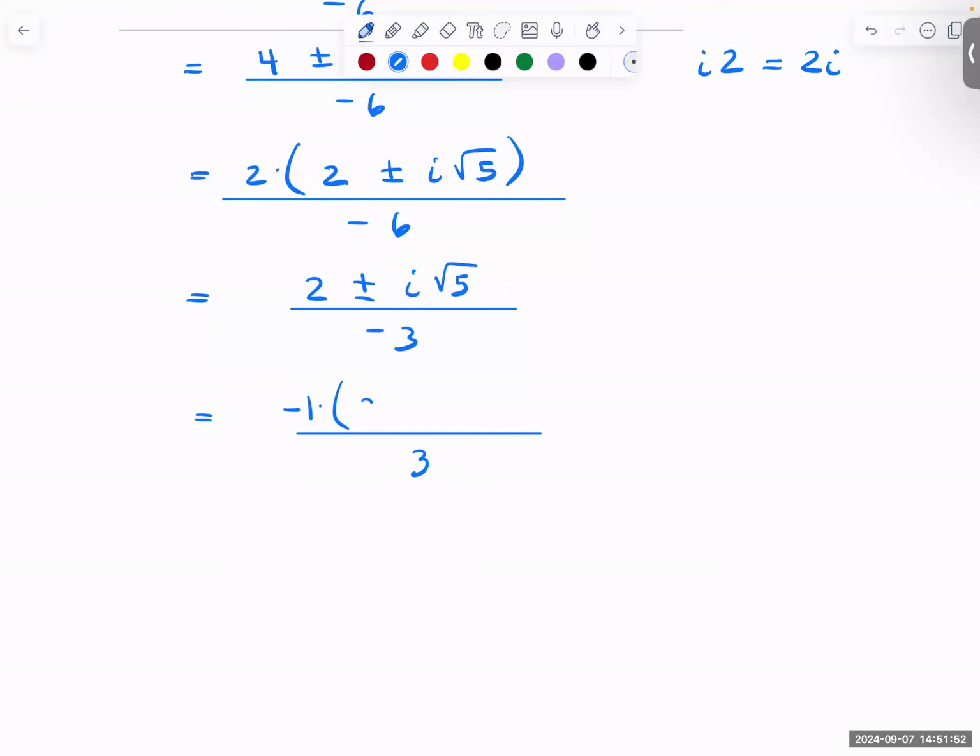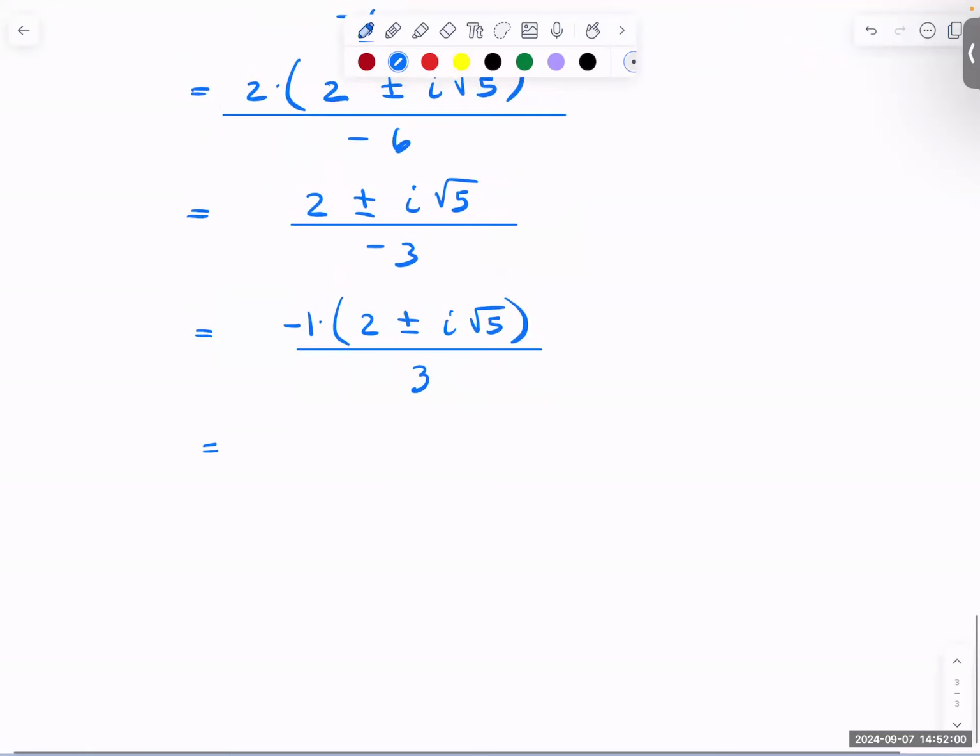So negative 1 distributed is also the same as negative 2 minus over plus, which more commonly is written plus over minus, i square root of 5, divided by 3.